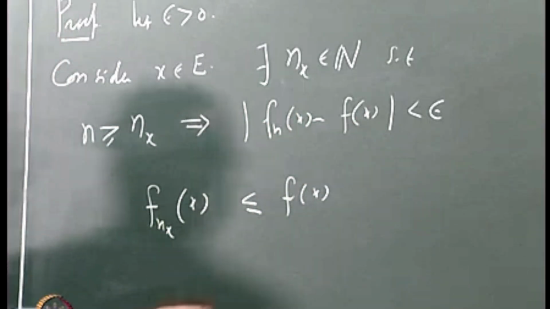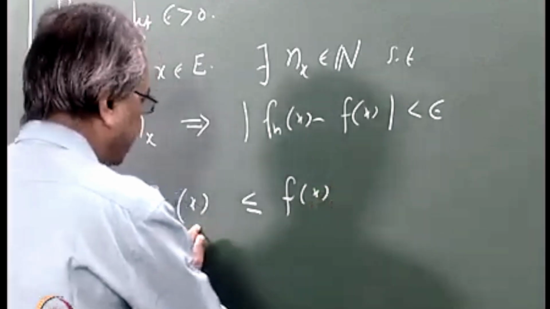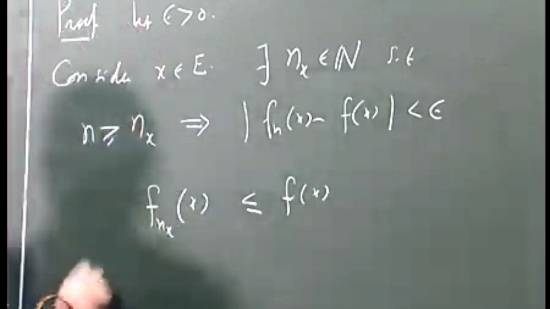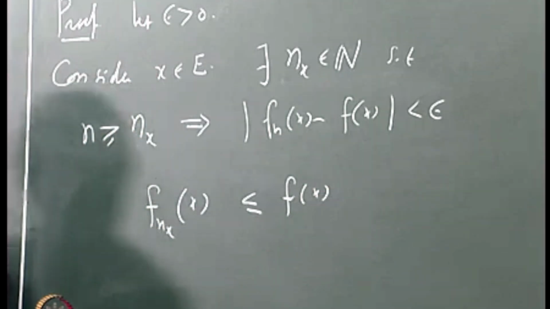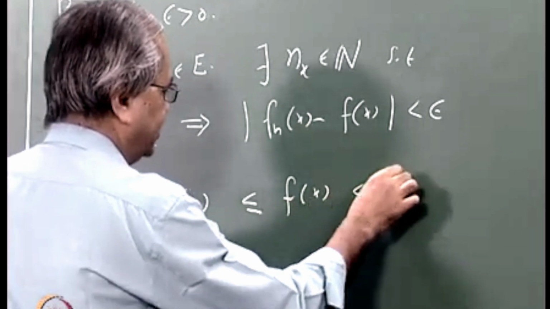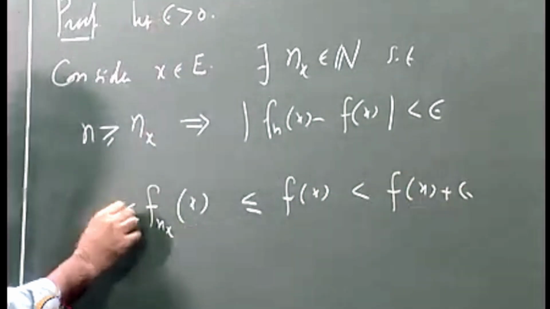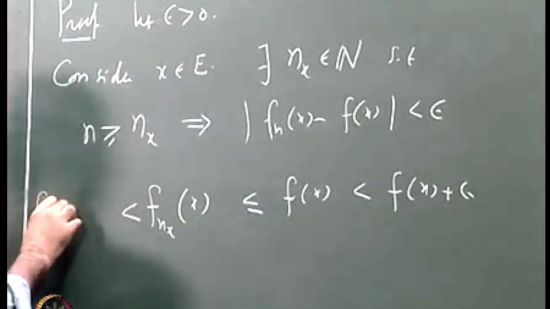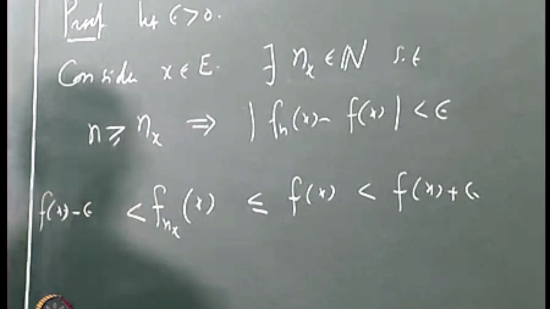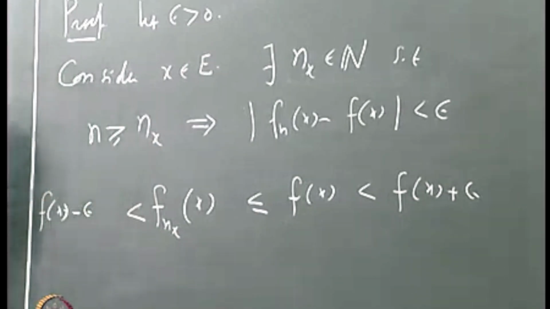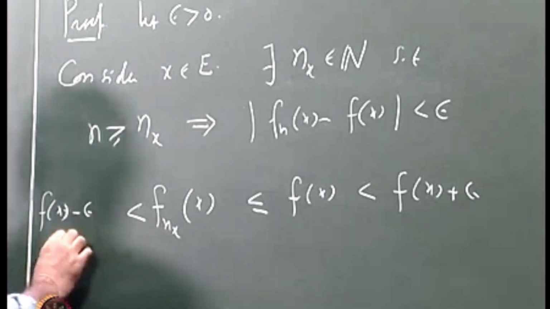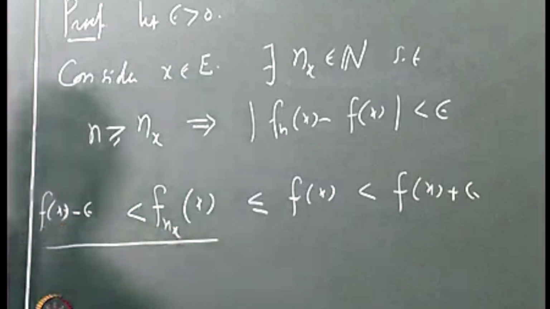So f_n(x) must be bigger than f(x) minus epsilon. I will just look at this part of the inequality, because that is the one which is useful now.